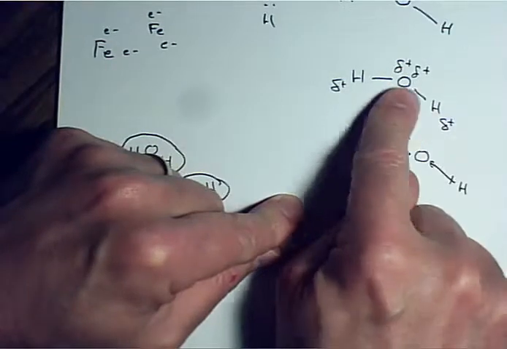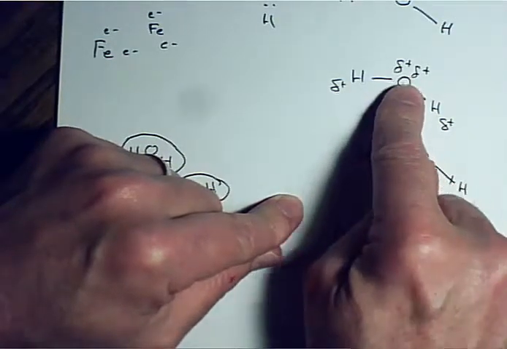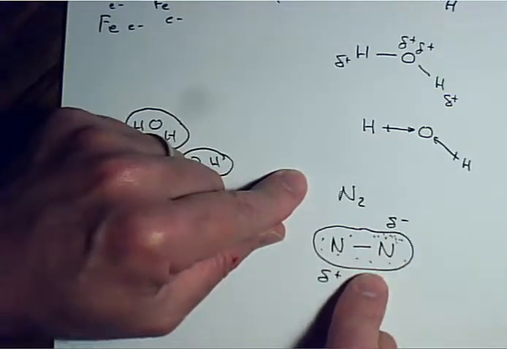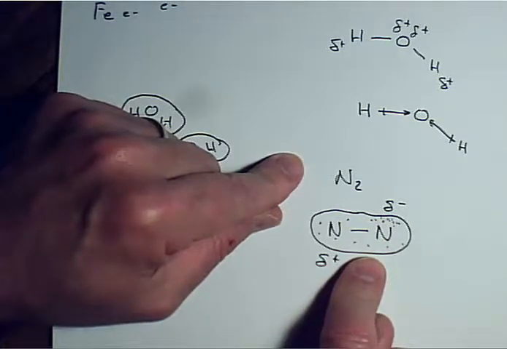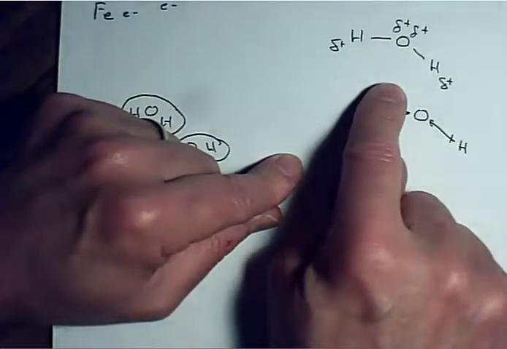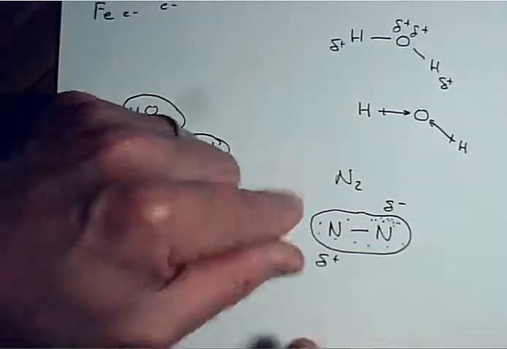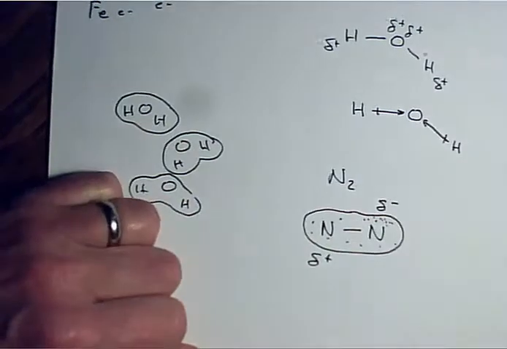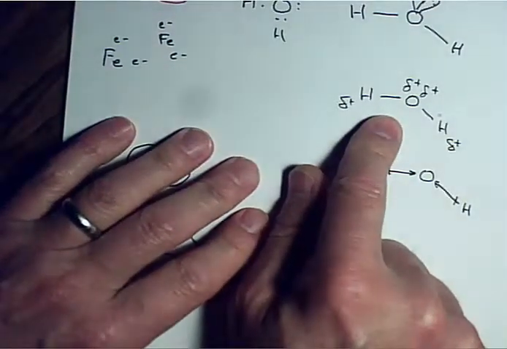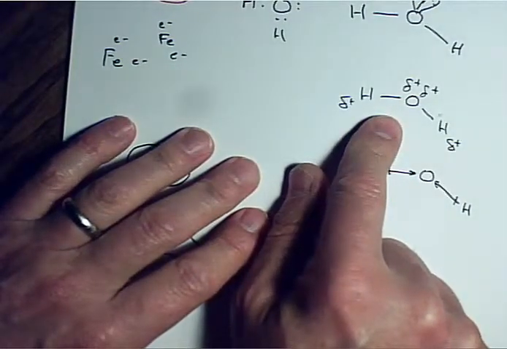Polar molecules have uneven electron density that's permanent. Nonpolar molecules have temporary electron density differences. Polar molecules have permanent electron density differences, or shifts in electron density.